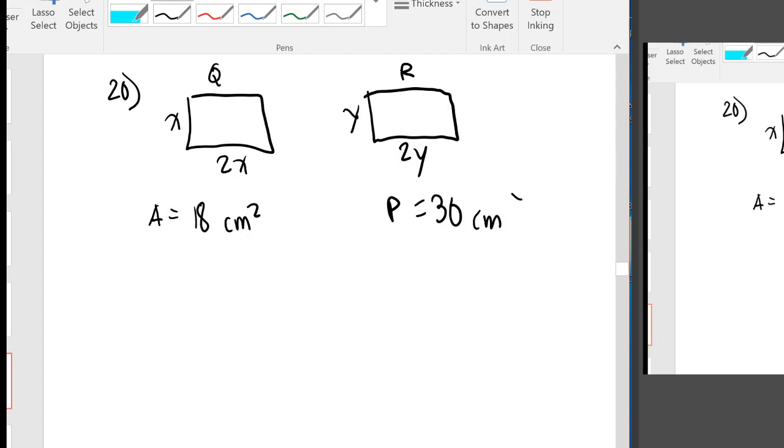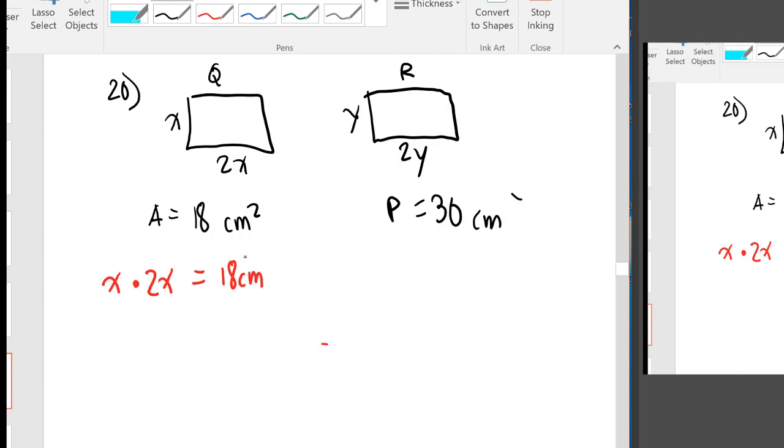Next one, number 20. All right, a bit more challenging, but definitely a doable problem. So we have x, 2x, y, 2y. We're dealing with the area and perimeter of two different rectangles, rectangle Q and rectangle R. For rectangle Q, what I know is if I multiply x times 2x, I will get a total of 18 centimeters squared.